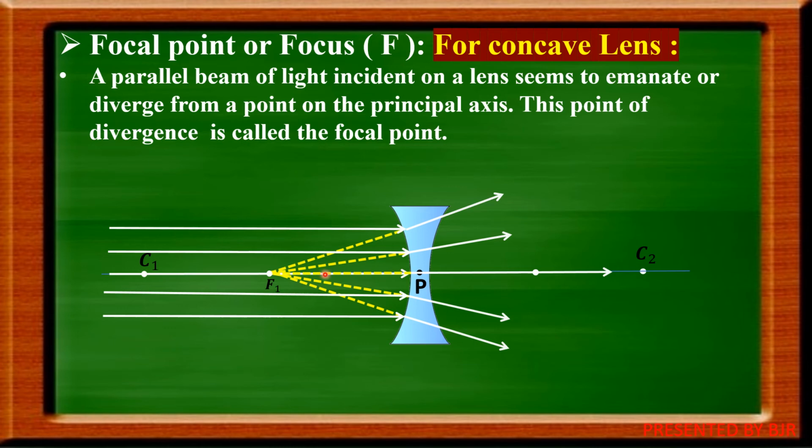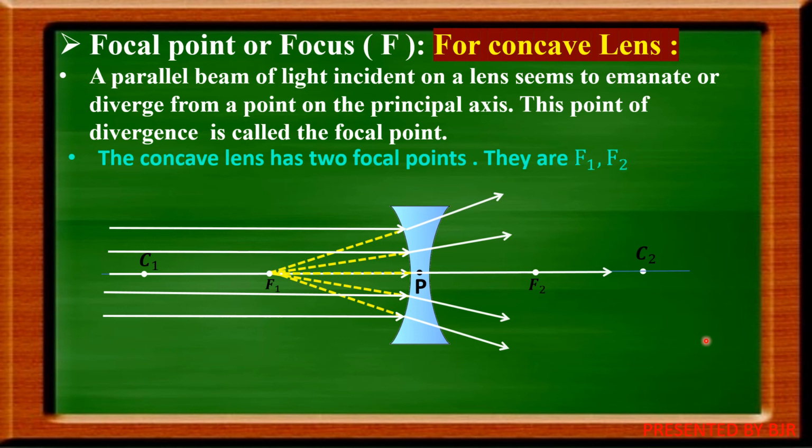So the concave lens also has two focal points, f1 and f2. They are f1 and f2, and I already told you the distance between the optic center and the focal point is called focal length.